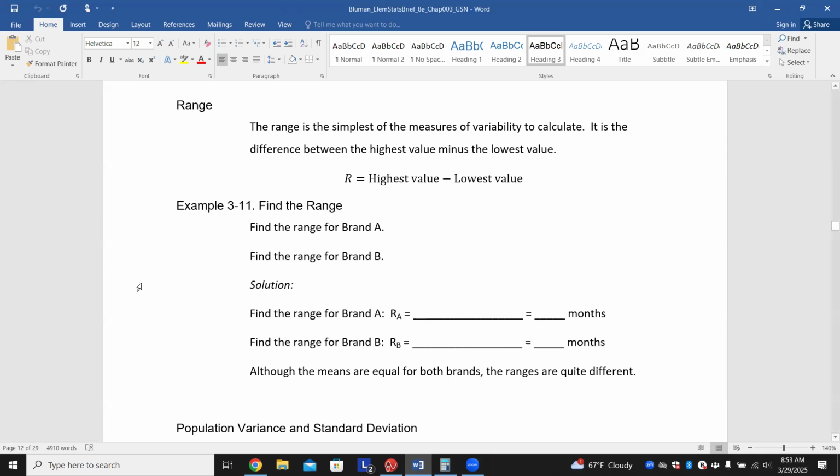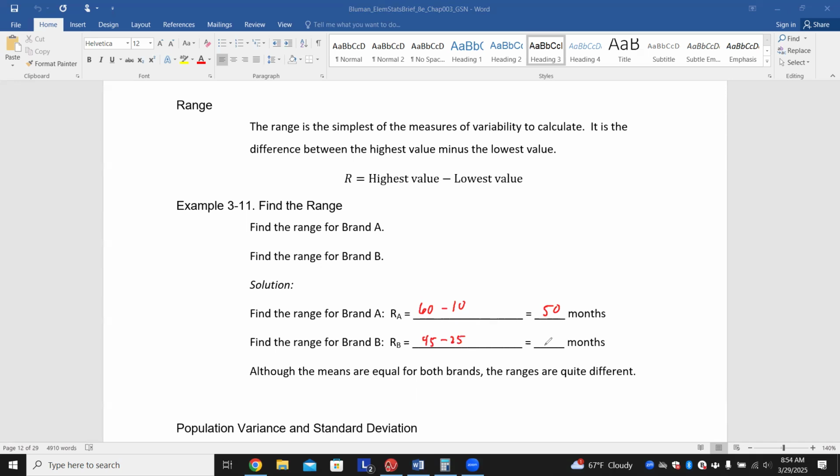All right, so to find the range, I need to figure out what the highest and lowest values are. When I look at brand A, it had 60 months, where another one had 10 months. So the range of brand A would be 50 months, versus brand B, where the highest I had was 45 and the lowest was 25.